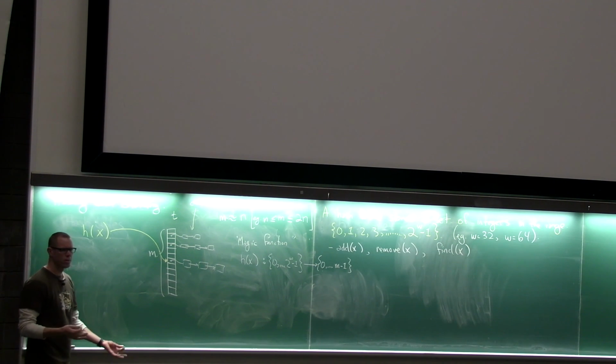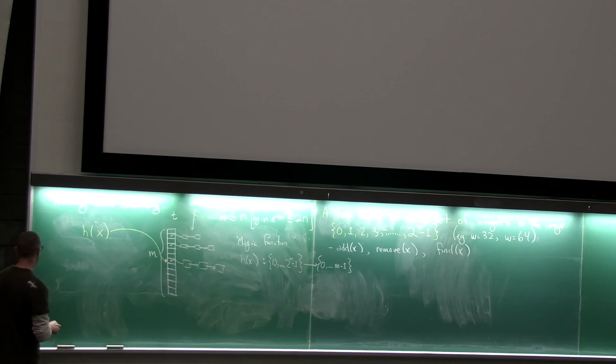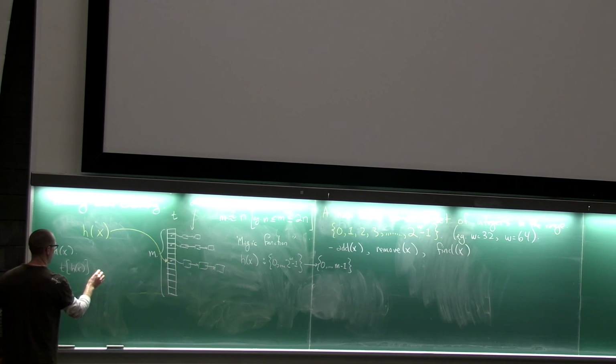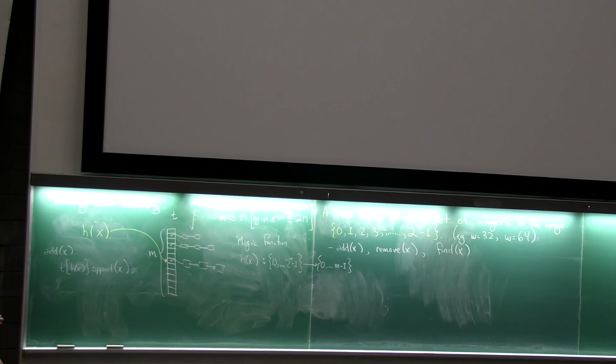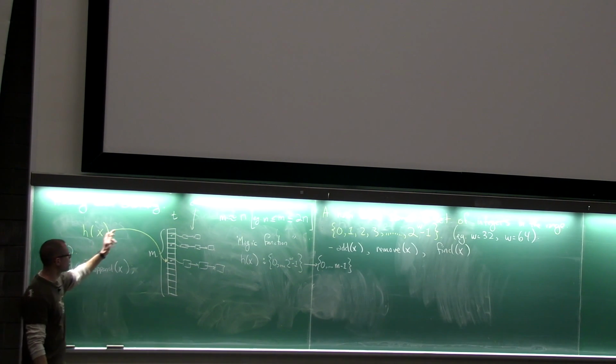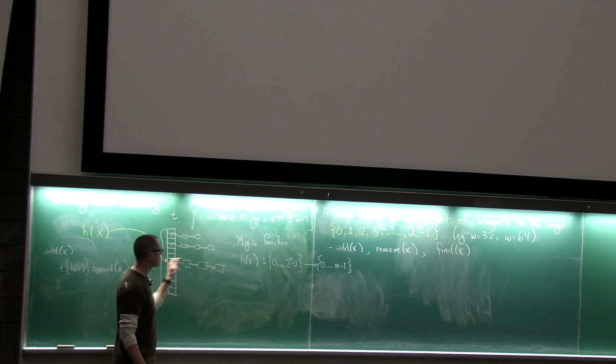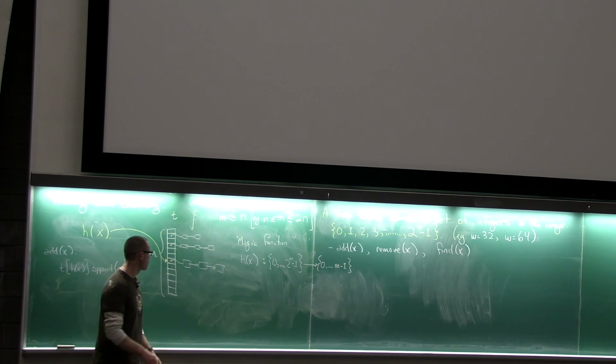Now all the operations become fairly easy. If you want to add x to the table, you take T at h of x and you append x. That's how you add something to this hash table. If you don't care about adding duplicates or any of that sort of checking, you compute h of x, go to that location in T, that's a list, and then you just append x to that list.